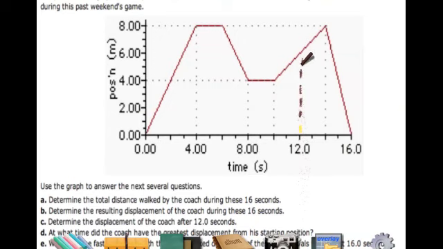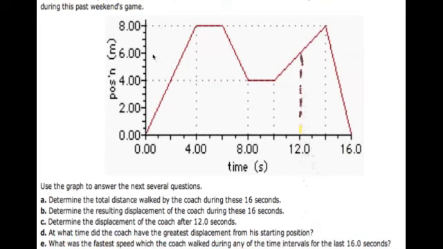We just see where his position is. So he is approximately at 6 meters, or I think 5.5 meters or something. But let's just say he's at 6 meters right now. Okay, he's at 6 meters at 12.